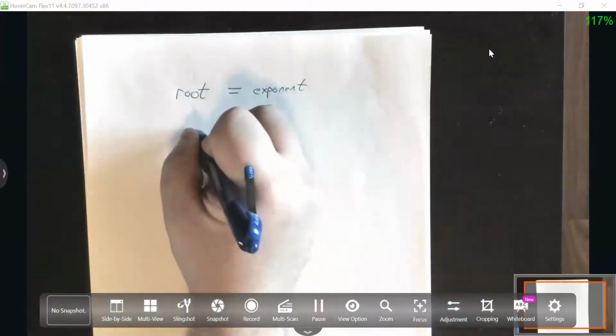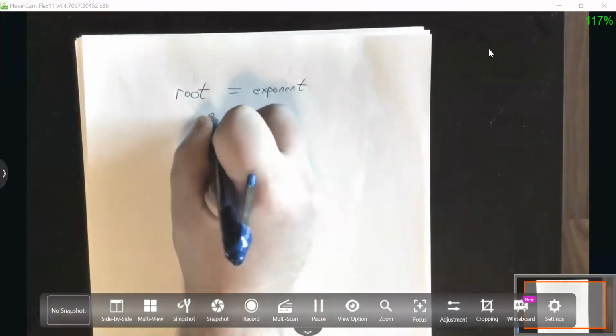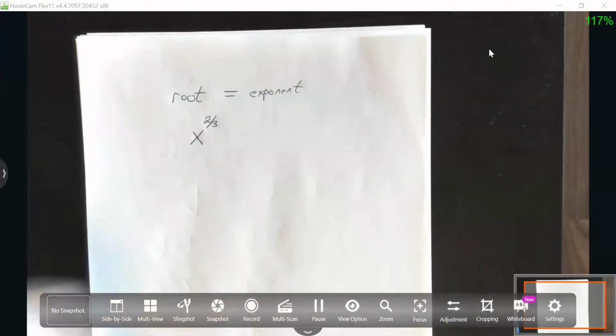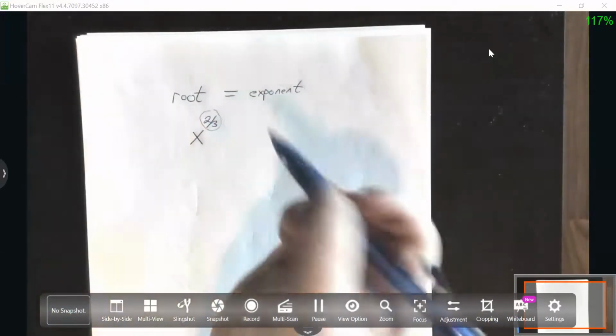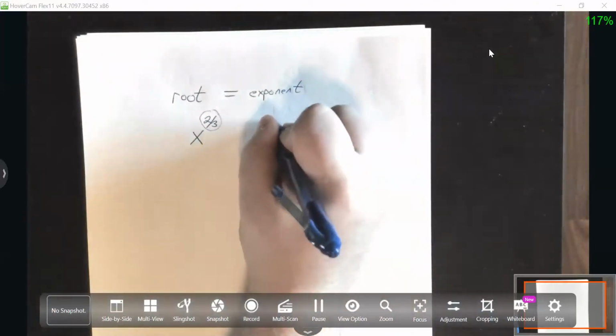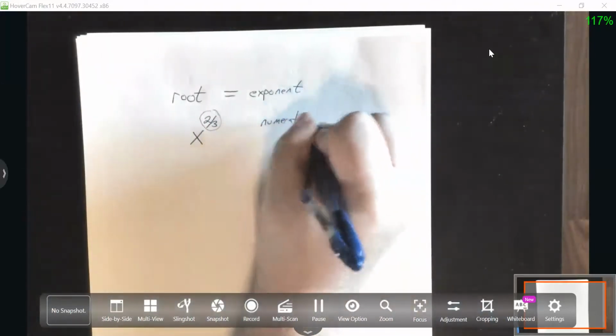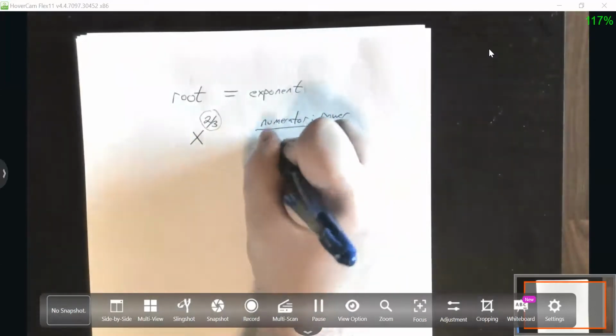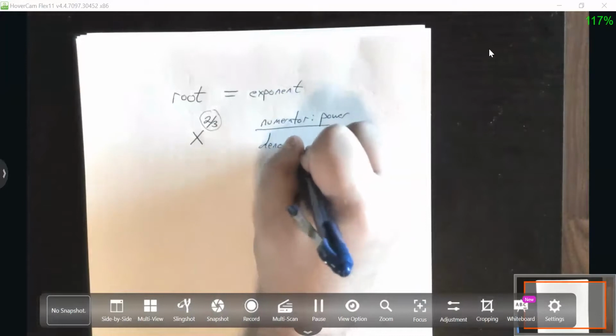If we have something like x to the 2/3, this is when we're going to start dealing with roots. When we examine a fractional exponent like this, the numerator of our fraction tells us the power, and the denominator tells us the index of the root.